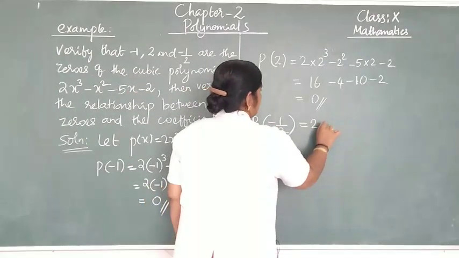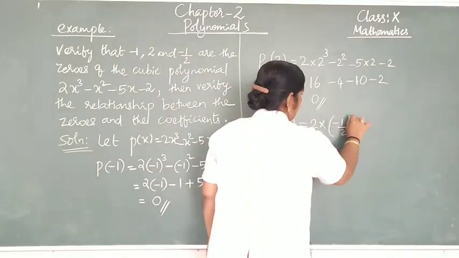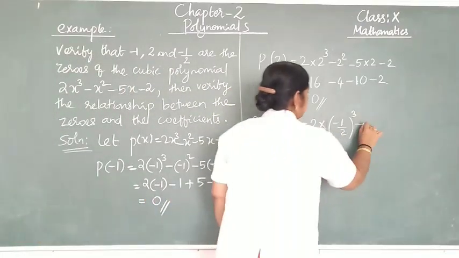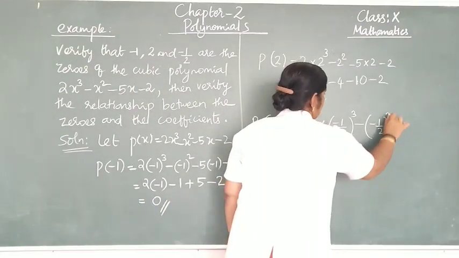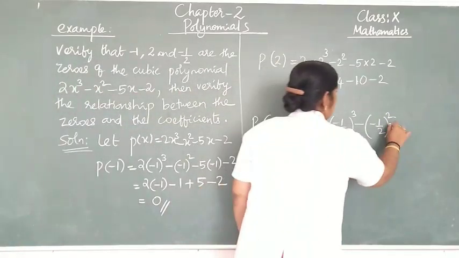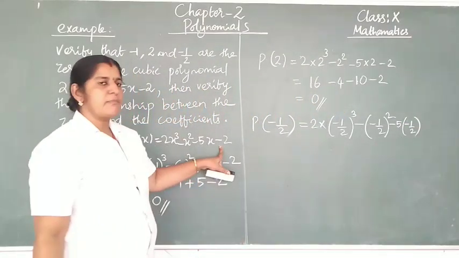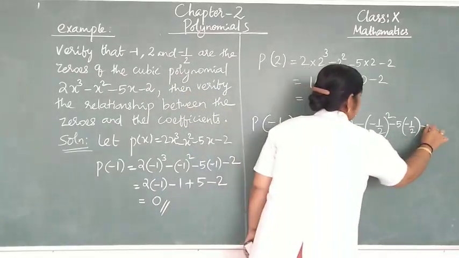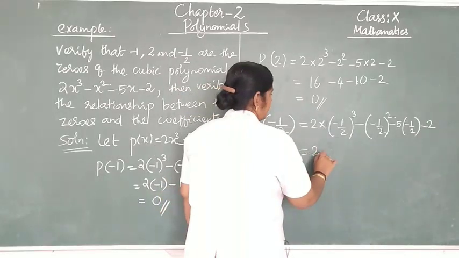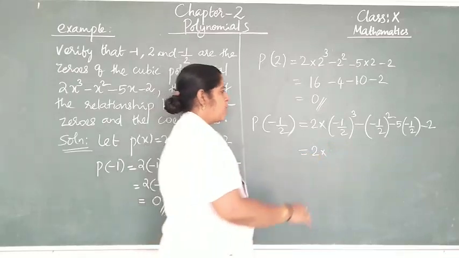So that is 2 into x cube, that is minus 1 by 2 the whole cube, then minus x square, so minus 1 by 2 the whole square, then minus 5x, so it will come minus 5 into minus 1 by 2. Now the last number is minus 2. Now we can simplify. So this is equal to 2 into, what is minus 1 by 2 the whole cube? It is minus 1 by 8.